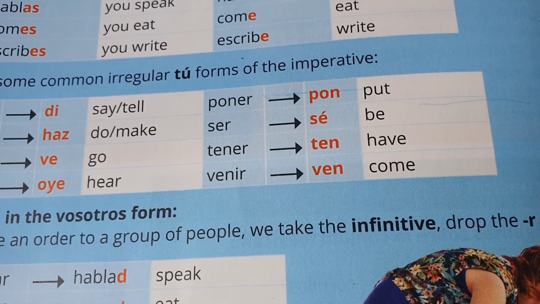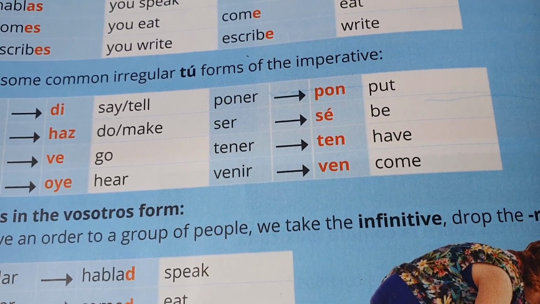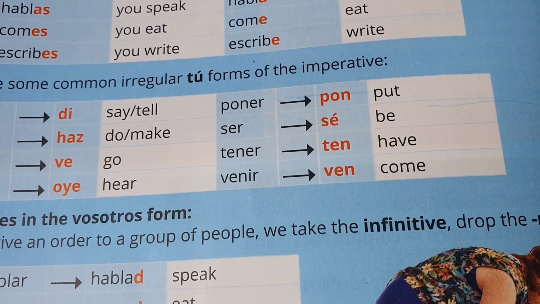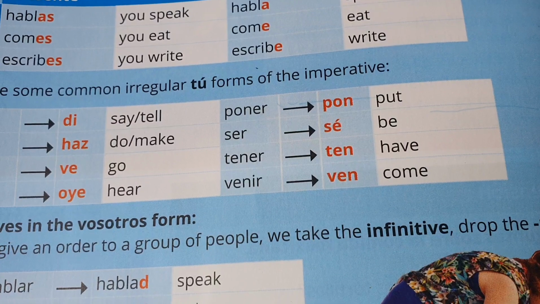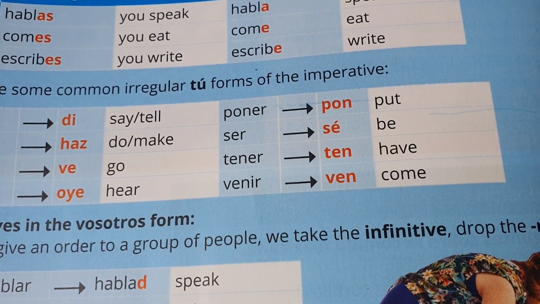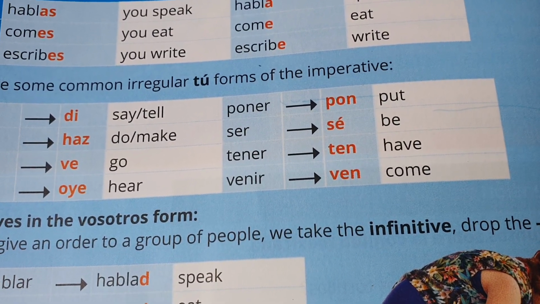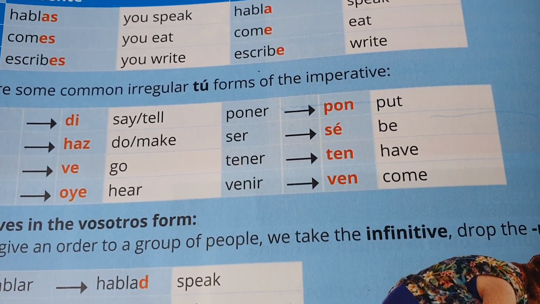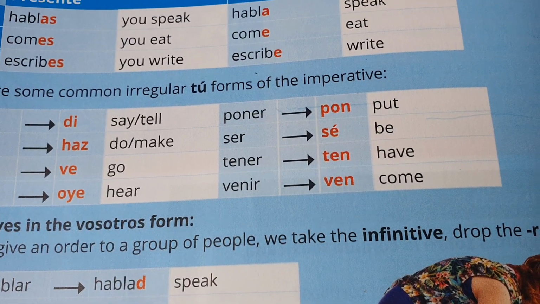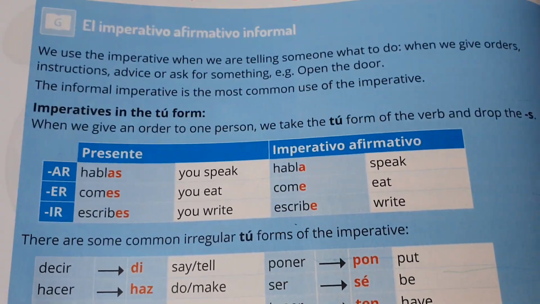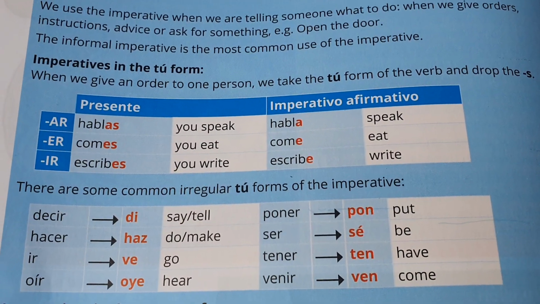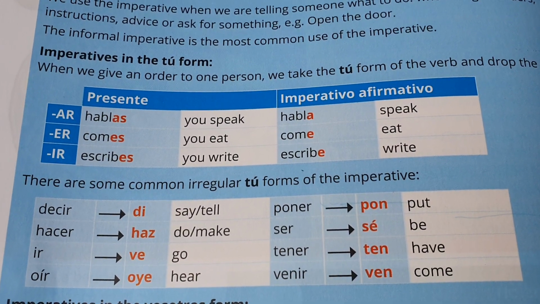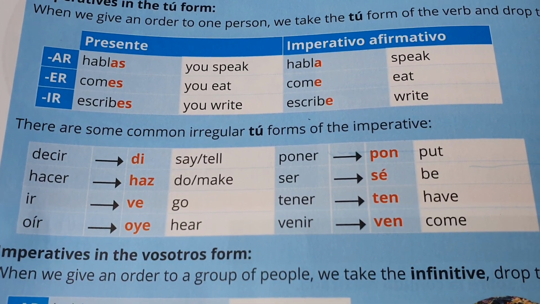And notice there's an accent on it. And the reason there's an accent on it, some of you'll probably cop onto it anyway, is because if it didn't, it would mean himself, herself, oneself, itself. Do you remember from the reflexive verbs? Tener, to have, is ten. Venir, to come, is ven. So the rule is, for regular ones, it's your third person singular, your he, she, it. And then you have those irregulars that we have to learn.